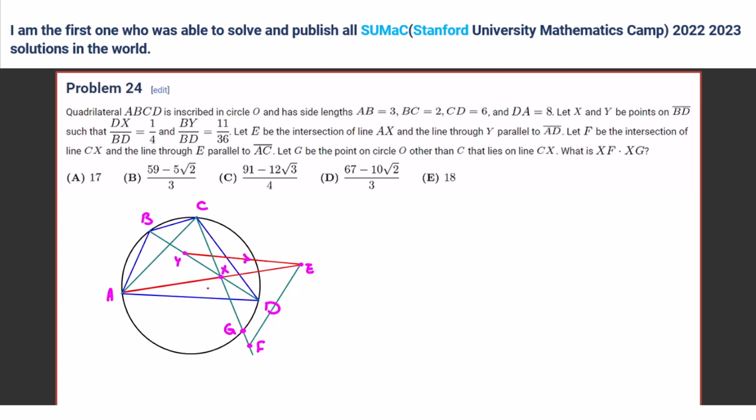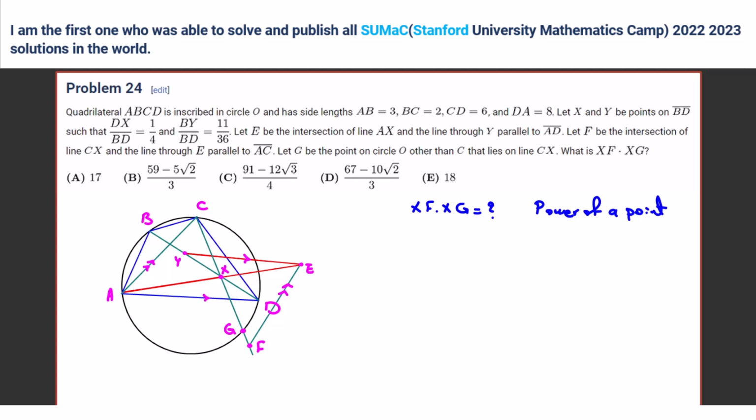Look, this one is parallel to this one, right? This line is also parallel to this one. So here we want to find XF times XG. When you see a product in geometry, what are important rules that you can use? Power of a point, maybe Ceva's theorem.